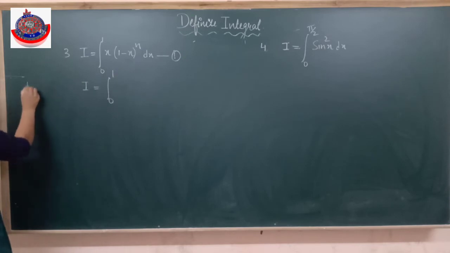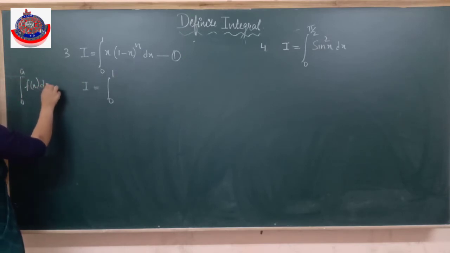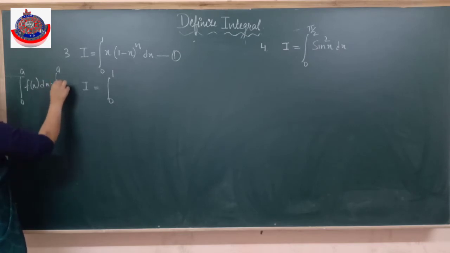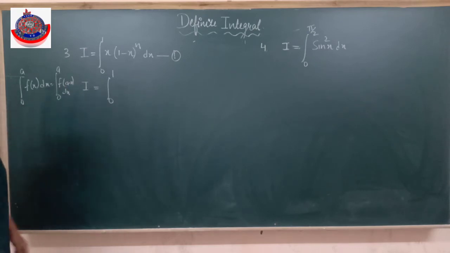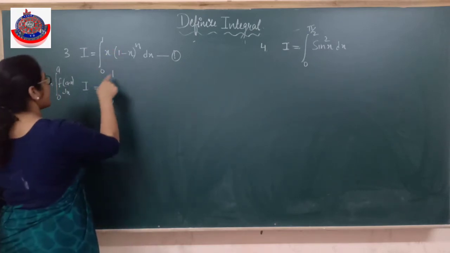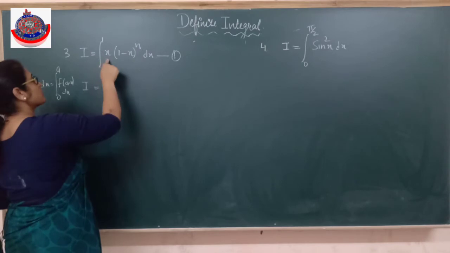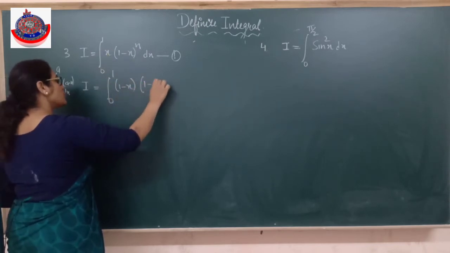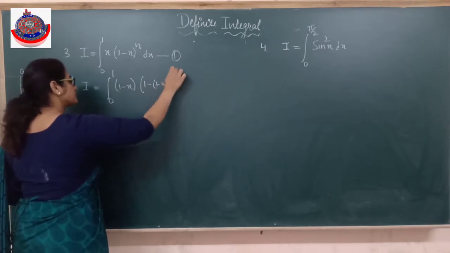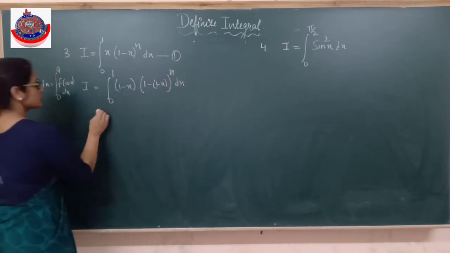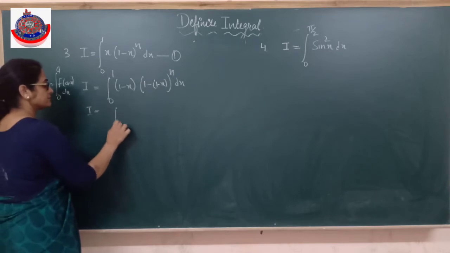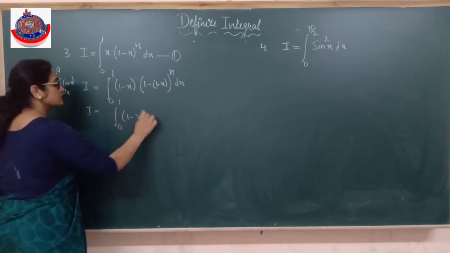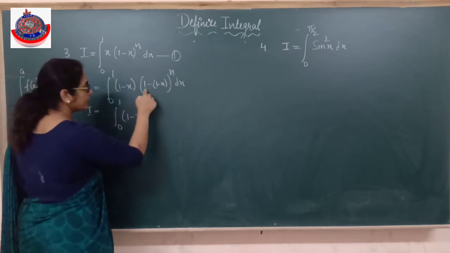What is the property? Alright, so apply here. I'll be changing x into a minus x. What is a? 1. I'll be changing x into a minus x. So it has become, when I open it, 1 and 1 cancel.